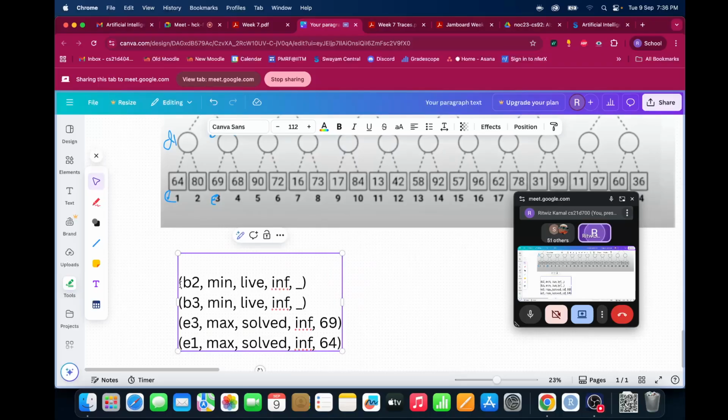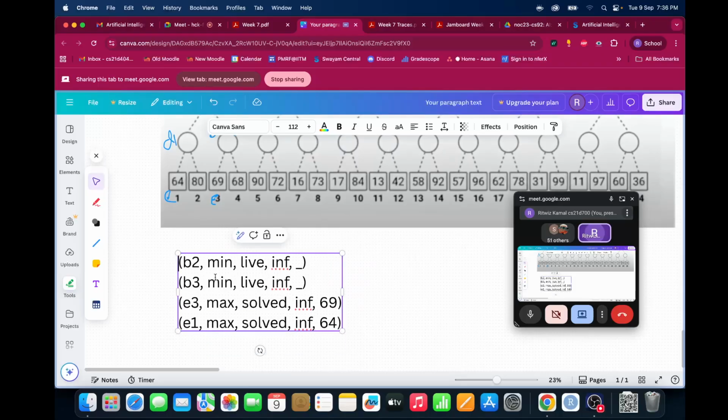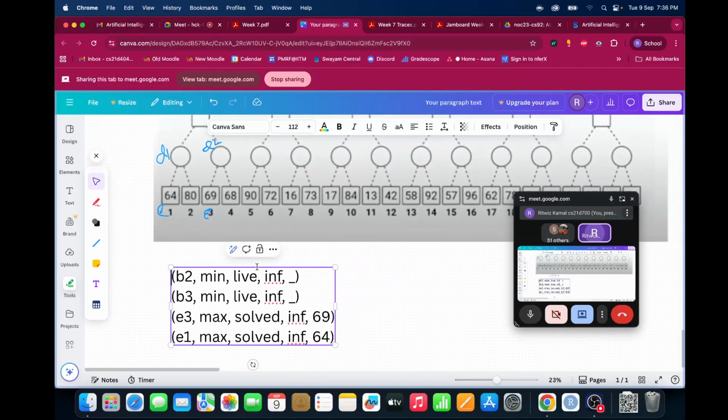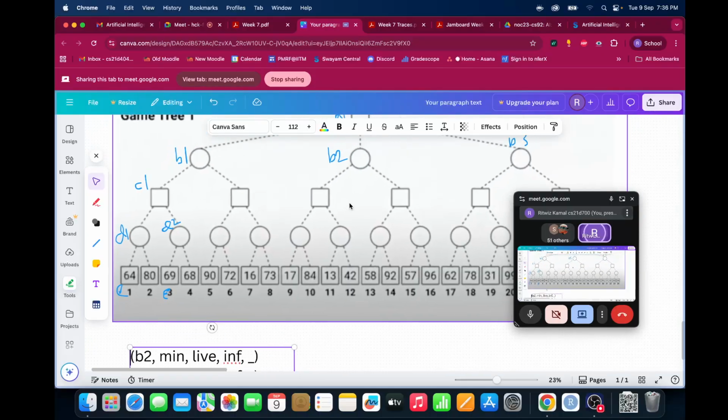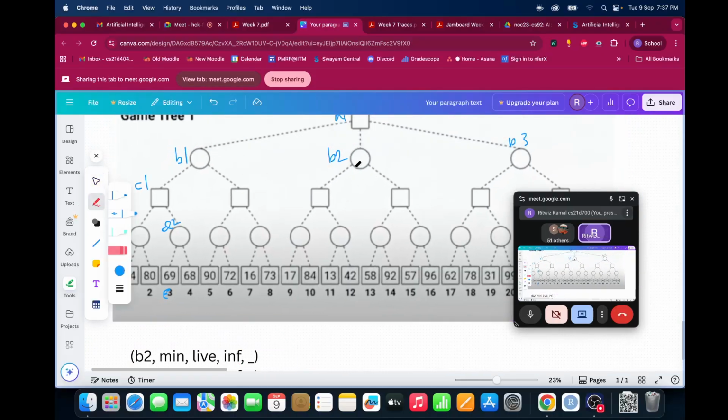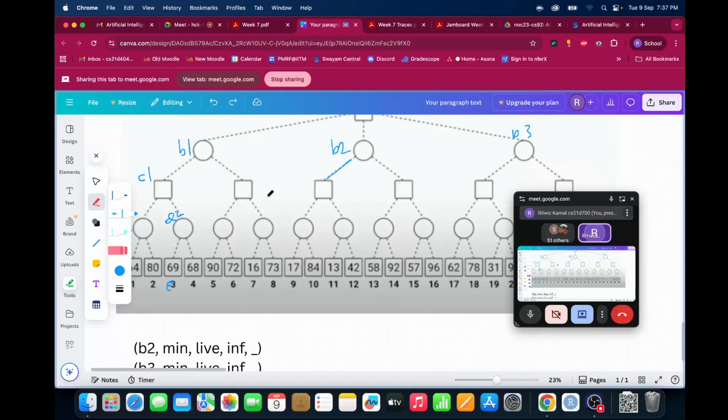Now the next thing at the top is B2. Now when B2 will be popped, the leftmost child will be added, right, which is, sorry, this will be C3.